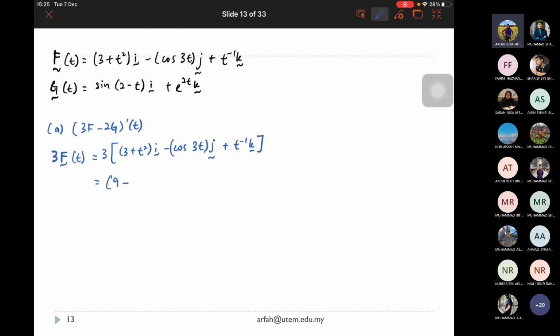So dapat 9 tambah 3t squared i tolak 3 cos 3t j tambah dengan 3t minus 1 k. Okay. So that is 3 multiply with vector f. Those who have finished, cuba buat pula. Cuba dapatkan 2 darab dengan vector g. What will you have for that one?